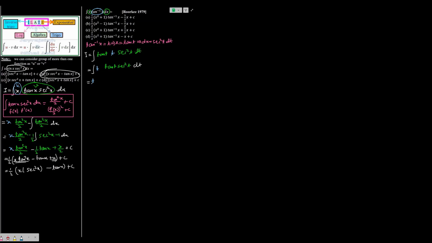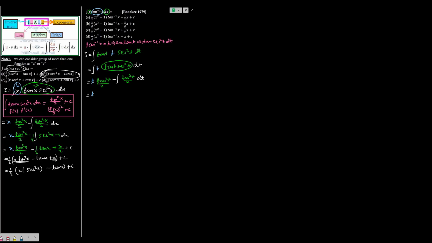t as it is, integration of v will be tan square t by 2 minus integration of, differentiation of t will be 1 and integration of v will be tan square t by 2, dt.